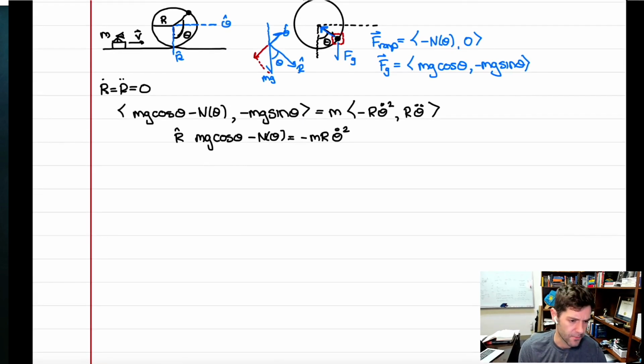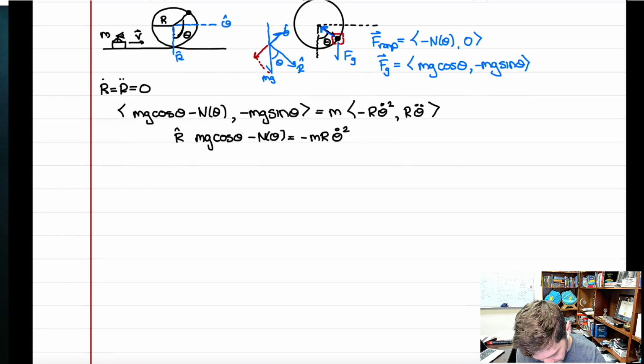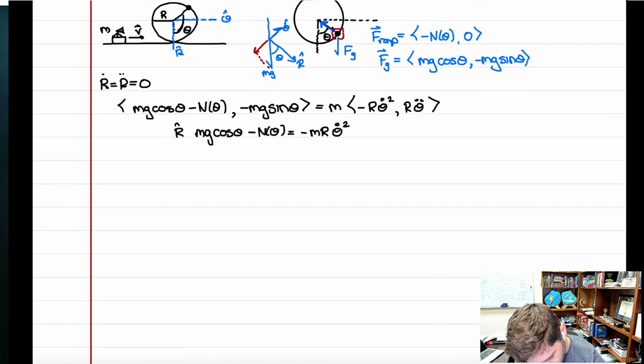Looks like it's a first order differential equation for theta, because it's only the first derivative that appears. But it also involves this unknown N from the ramp.